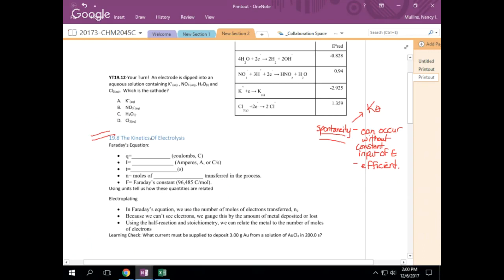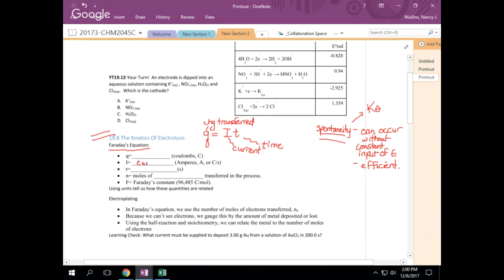So the only time we talk about speed in a chemical reaction is when we're using Faraday's equation. And Faraday's equation says that the amount of charge that transfers in a process is equal to the current that passes times the time.